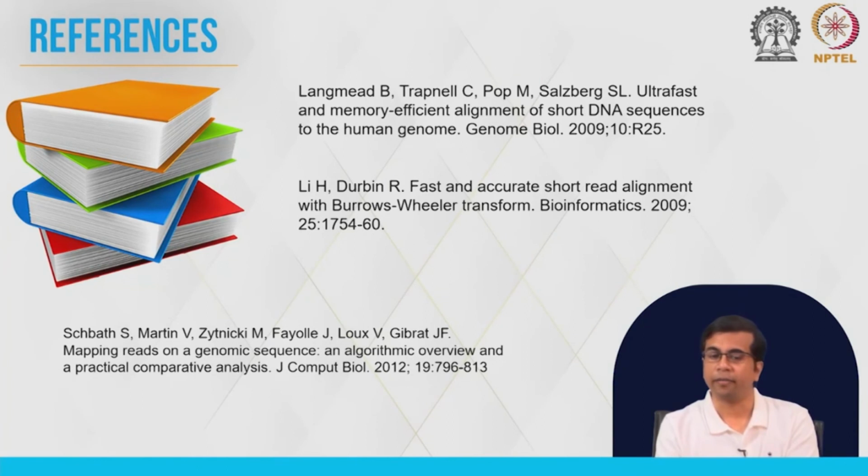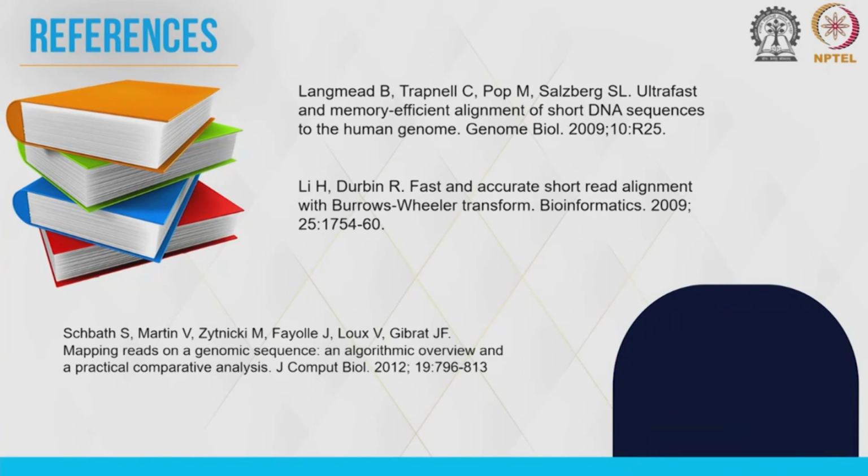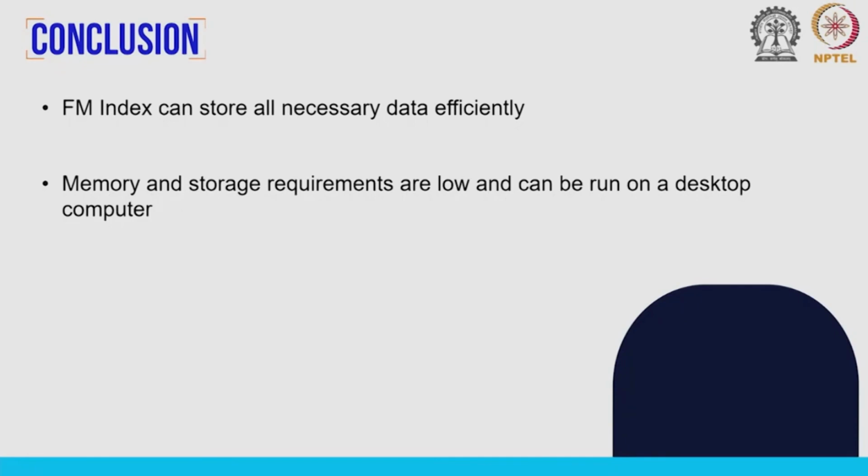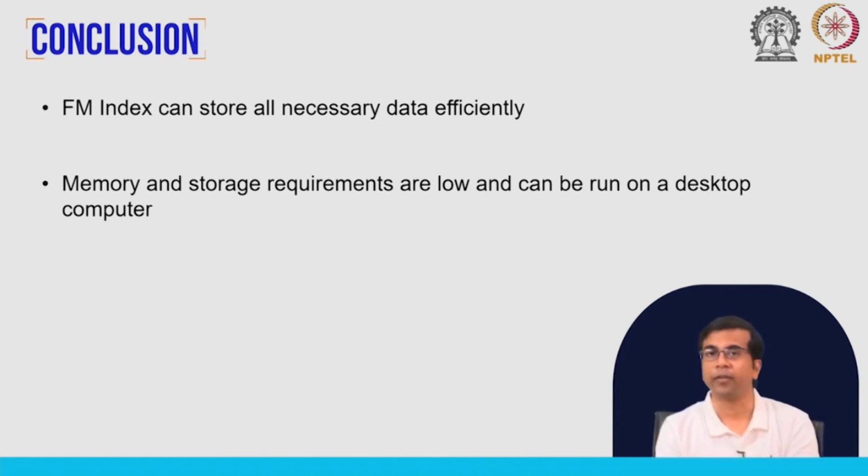So, here are the references that we have discussed in this presentation. To finally conclude, we have defined something called the FM index, which can store all necessary data in a very efficient manner. The memory requirement for storing this FM index is much lower than the other methods that we have discussed, for example the hash table or suffix array based methods.